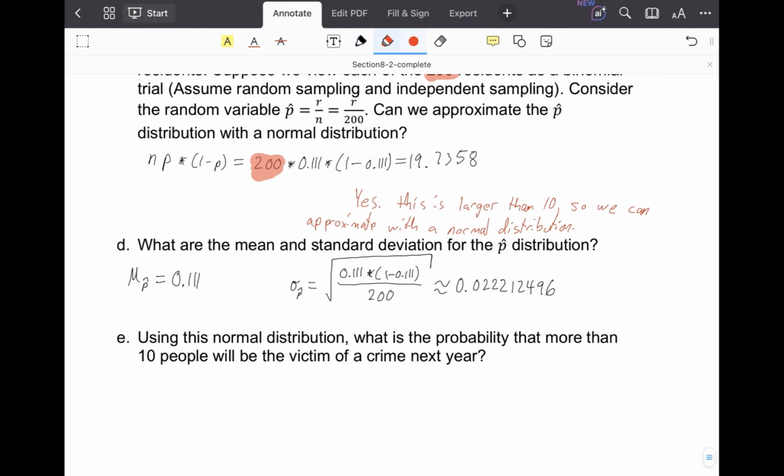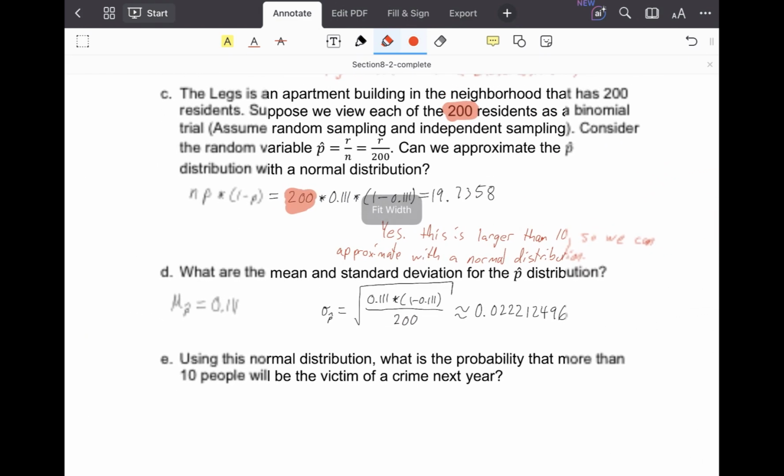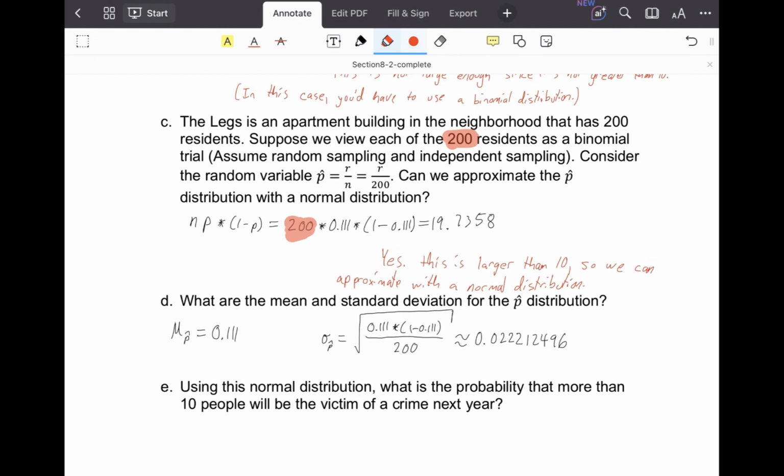Very often students will forget these parentheses, so just be careful with that. And also make sure this 200 is within the square root. Don't do it outside of the square root. Those are the two most common mistakes with that calculation.